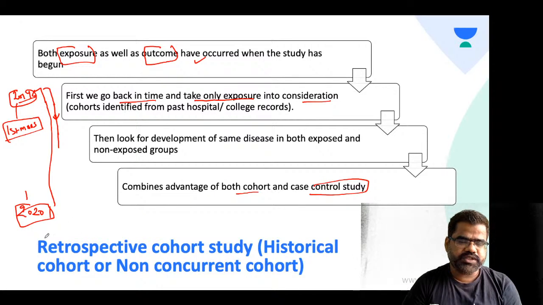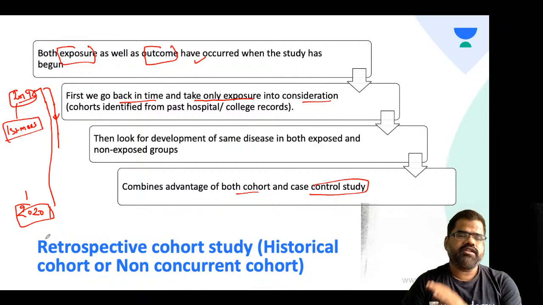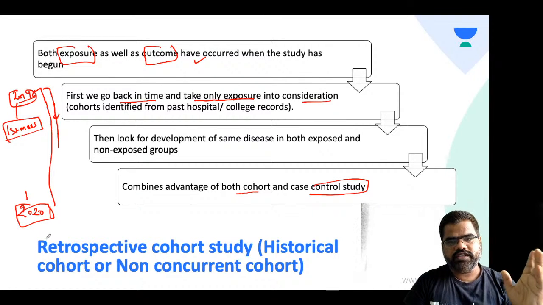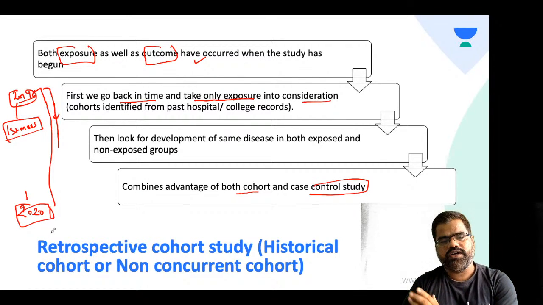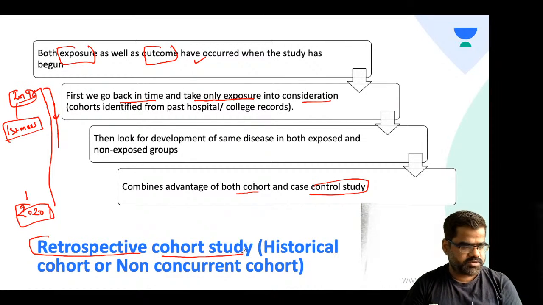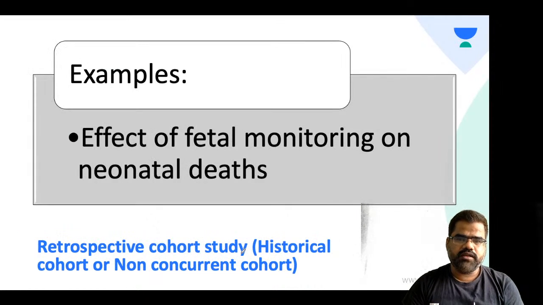But in principle, it is a forward-looking study since you are going back in time and checking the records for the exposure and then you are moving forward. So it is called retrospective cohort study. Okay. Examples, the famous study of fetal monitoring on neonatal deaths. So this was a retrospective cohort study.